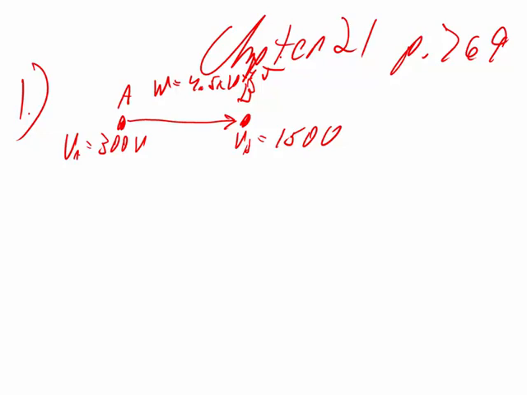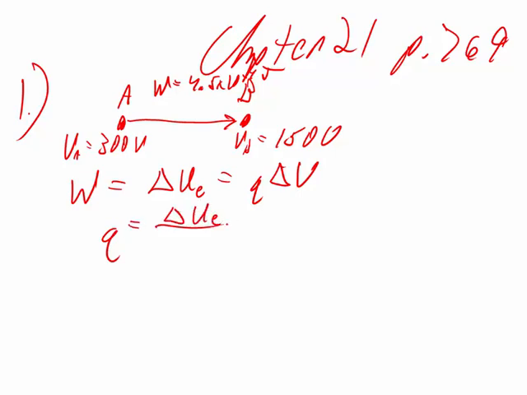If you remember from the lecture videos, work is equal to the change in electric potential energy, which is equal to the charge times the change in voltage. So we can find the charge by doing the change in electric potential energy divided by the change in voltage.